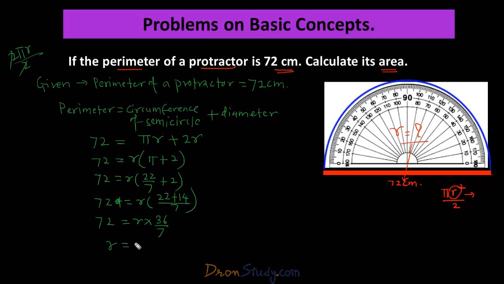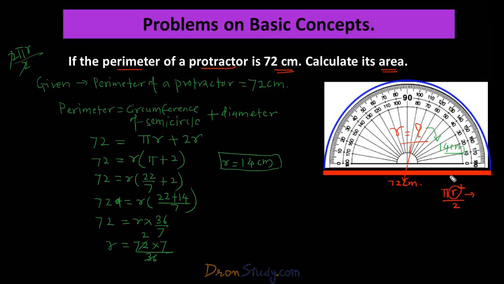So r is equal to 72 into 7 by 36. So 36 twos are 72, therefore r is equal to 14 centimeter. So radius of this protractor we have got as 14 centimeter.